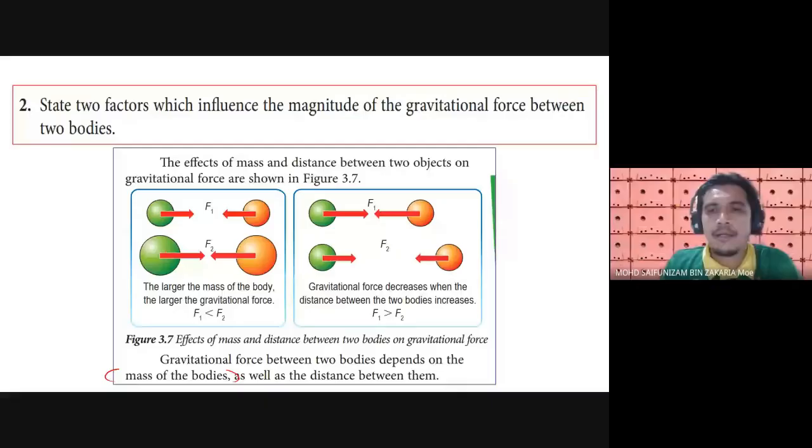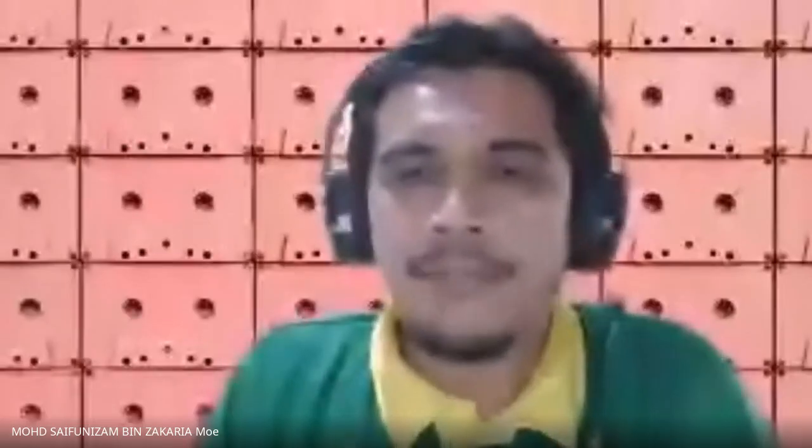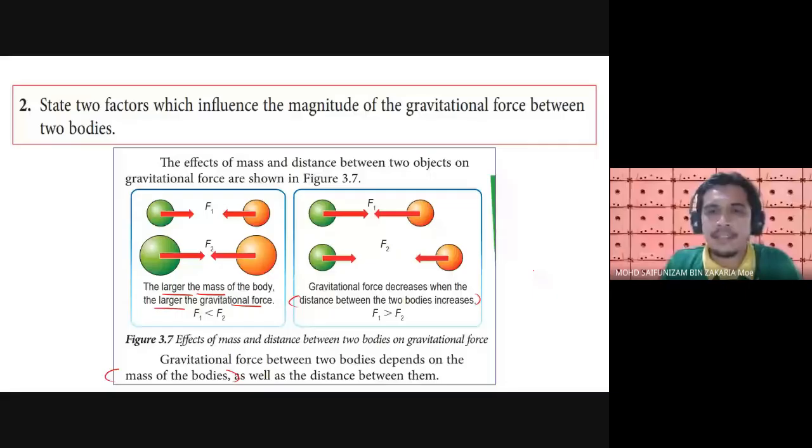If the mass is larger, the gravitational force also increases. But for distance, if the distance decreases, what happens to the force?